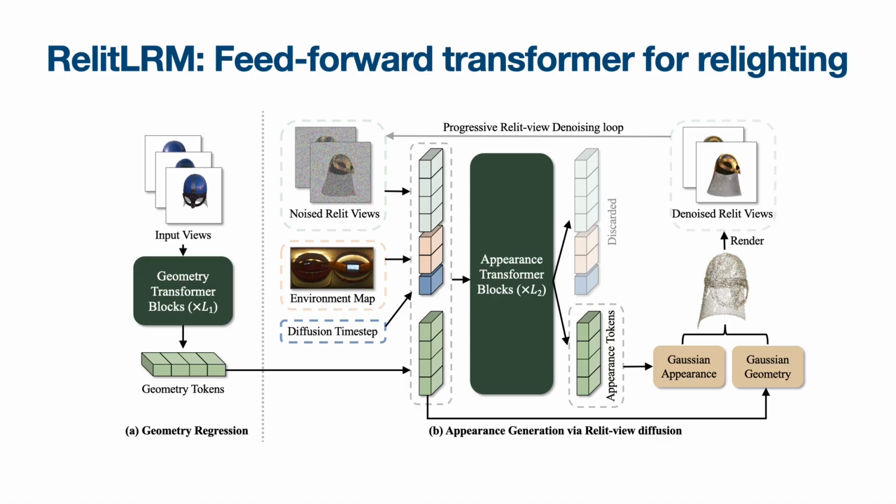And the way the method works is it's kind of like a diffusion model, but in the bottleneck of the diffusion, it's forced to create the colors on the Gaussians and render them. So there's a renderer in the loop of the diffusion. Actually, I can slightly simplify this. This beginning is exactly the same as GSLRM.